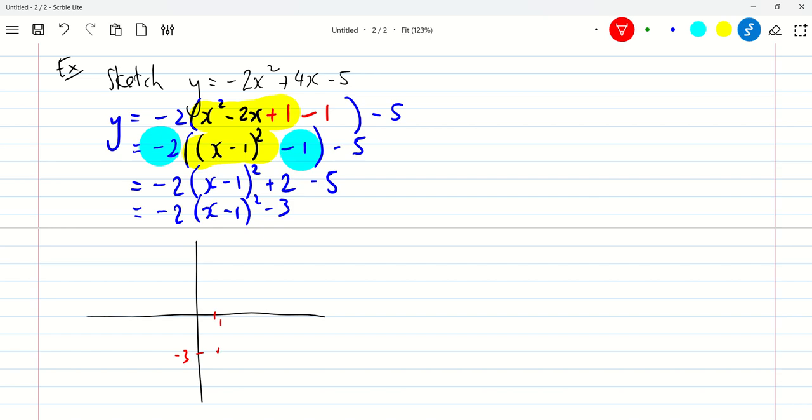So my turning point is going to be at that point there. That -2 out the front, that a, is going to mean it's a grumpy face. It's a negative. It's not happy. And so it's going to be upside down like that, and I know it's going to look something like this. But to get a more accurate picture, let's also find that y-intercept.